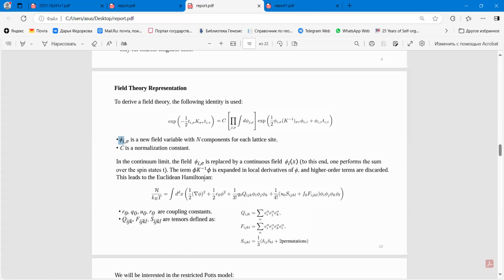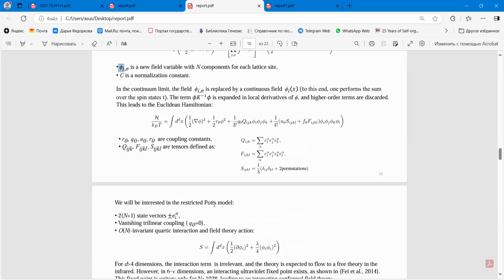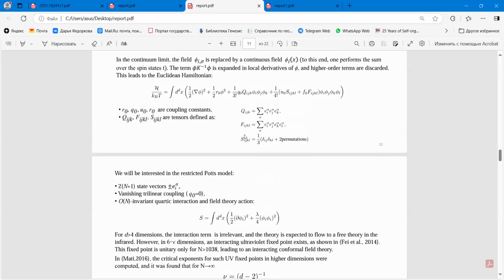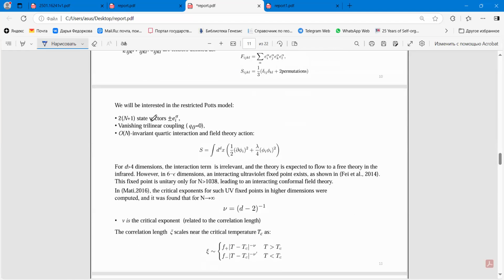And the authors consider the restricted POTS model, and it means they don't consider this member of our equation, and this model includes two multiplied by n plus one state vectors plus and minus e.